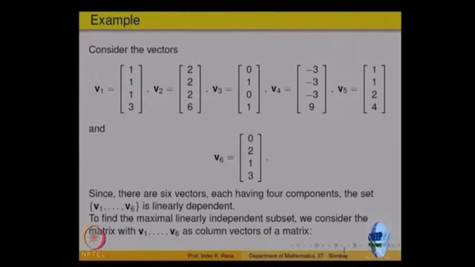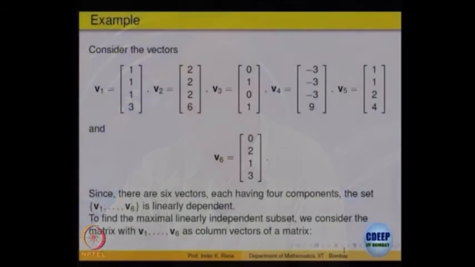By the definition of basis, either it should be a maximal linearly independent set, or a linearly independent set which generates, or a minimal set of generators. Either of these conditions I can use as the criterion.